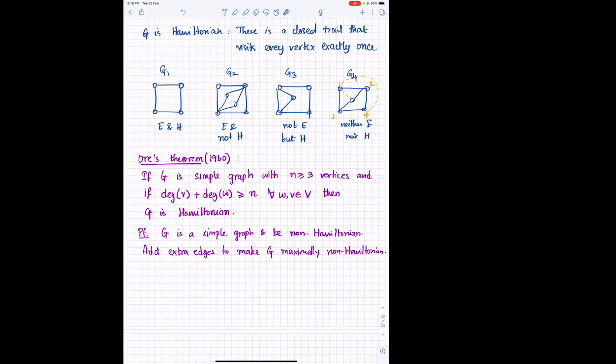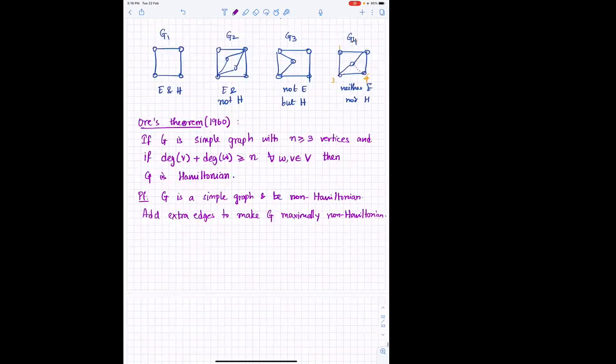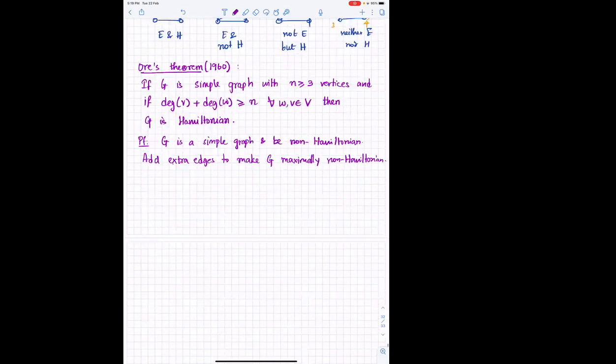For example, in this, I can add some arbitrary edges so that there are sufficient edges in the graph, but the graph is still not Hamiltonian. You pump as many edges as possible into the graph. So you will be left with a new graph, let the new graph be G tilde.